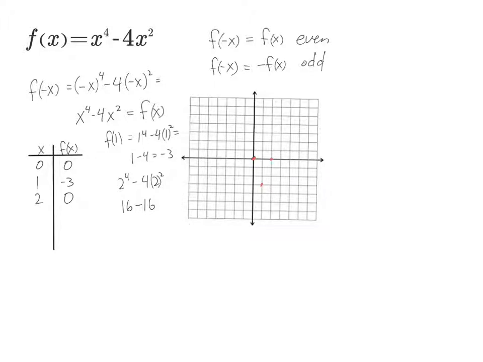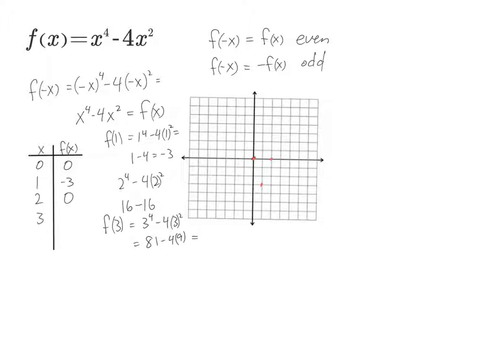Now, I don't think I have enough information, so I'm going to go one more. So let's go 3. f of 3 is going to be 3 to the fourth minus 4 times 3 squared. 3 to the fourth is going to be 81. And then minus 4 times 9.